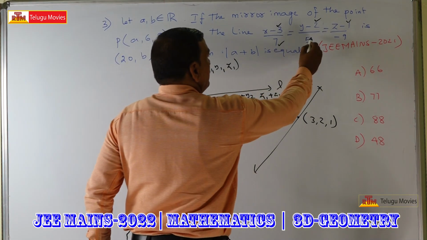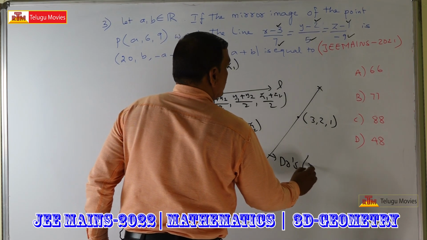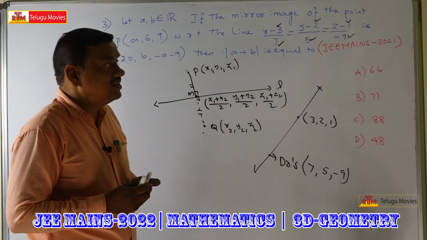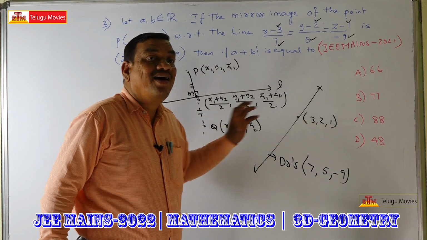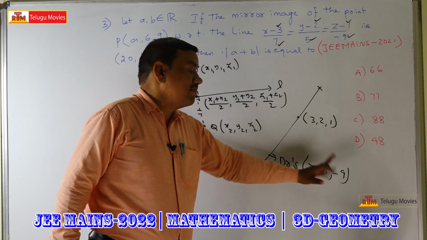What are 7, 5, minus 9? They are the DRs of the line. Understand? So, that means the line passes through the point 3 comma 2 comma minus 1, and the DRs of that line are 7 comma 5 comma minus 9.